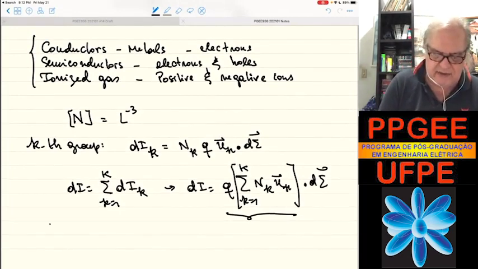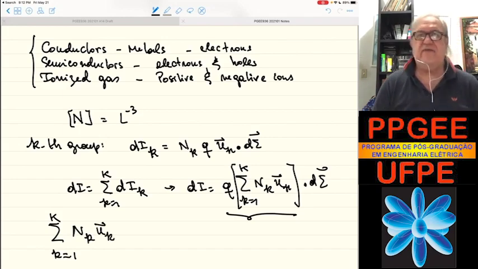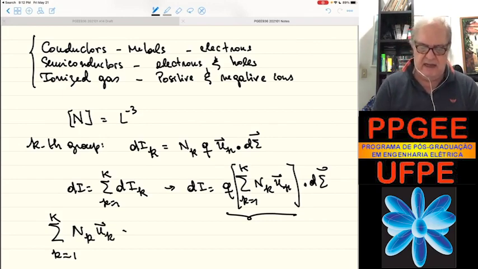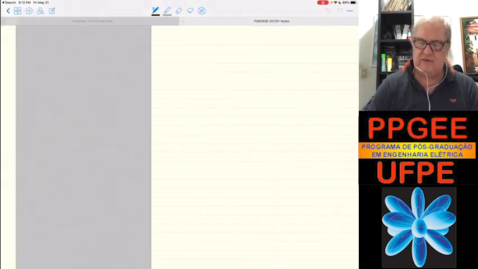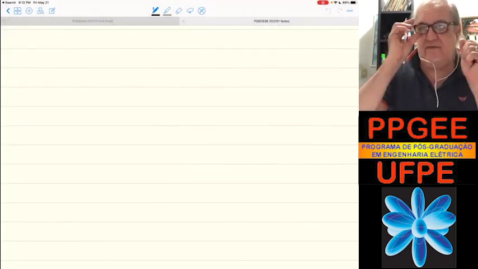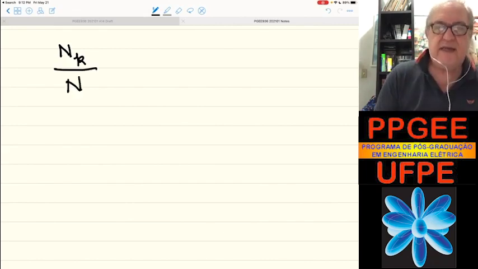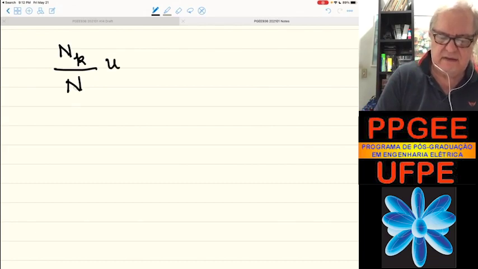Then you have to identify what this is. Well, just notice, if we had to determine the average velocity of carriers, what would we do, right? What would we have to do? Well, if each group has nk carriers, and the total density is n, each group contributes to the average velocity with a fraction nk over n times uk.